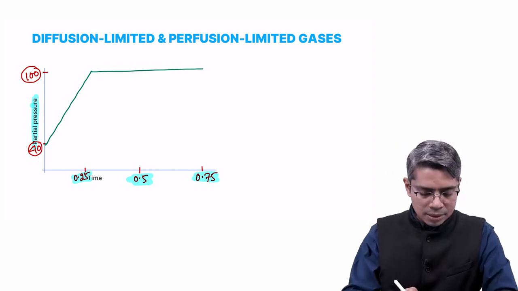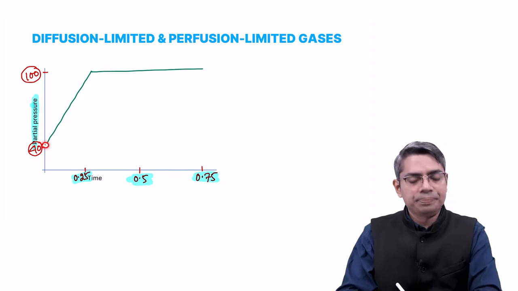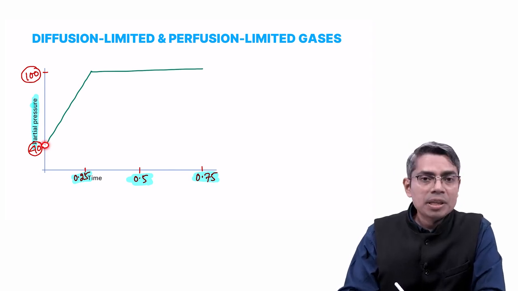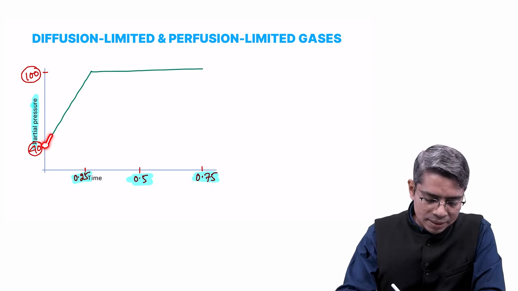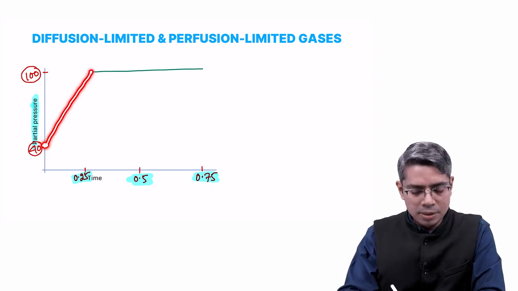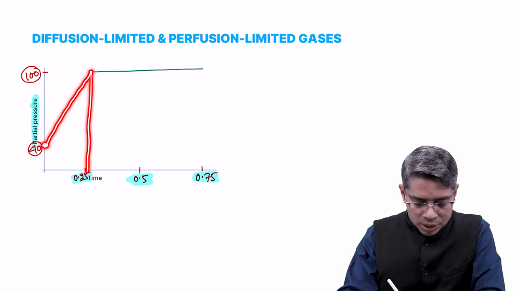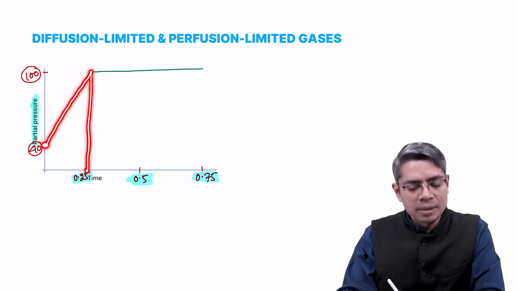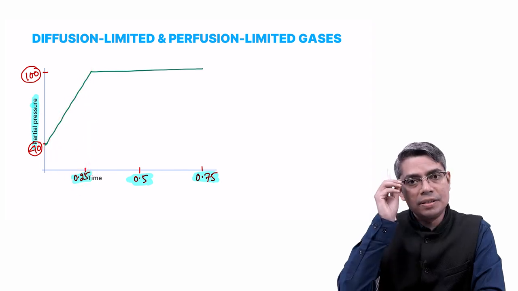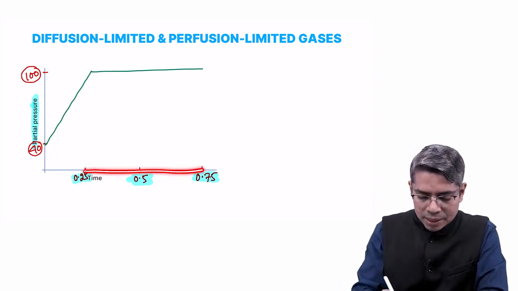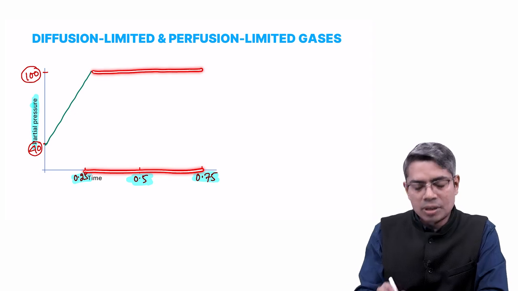The meaning of this curve is that the partial pressure of oxygen was 40 millimeter of mercury, and it is reaching 100 millimeter of mercury within how much time? Within 0.25, that is one third of the total transit time. And in the remaining time, there is no change in partial pressure of oxygen.